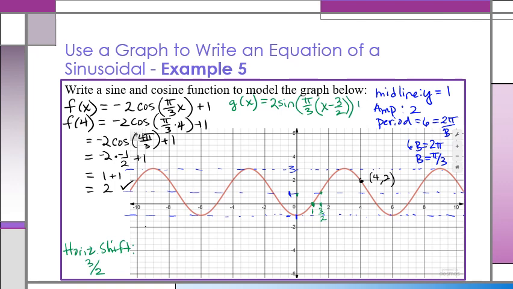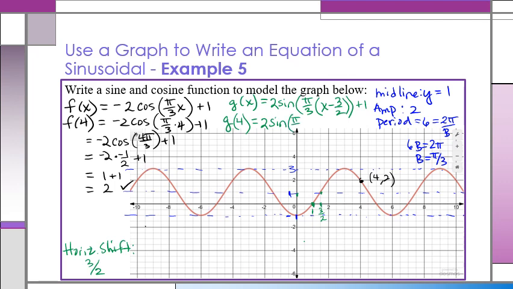And again, we should maybe test that out. Let's use that same point and see if it works. Maybe let's try something easier to compute. How about 0? Oh, let's just do the same one. If I substitute 4 in, I'm going to get 2 times the sine of pi over 3 times (4 minus 3/2).